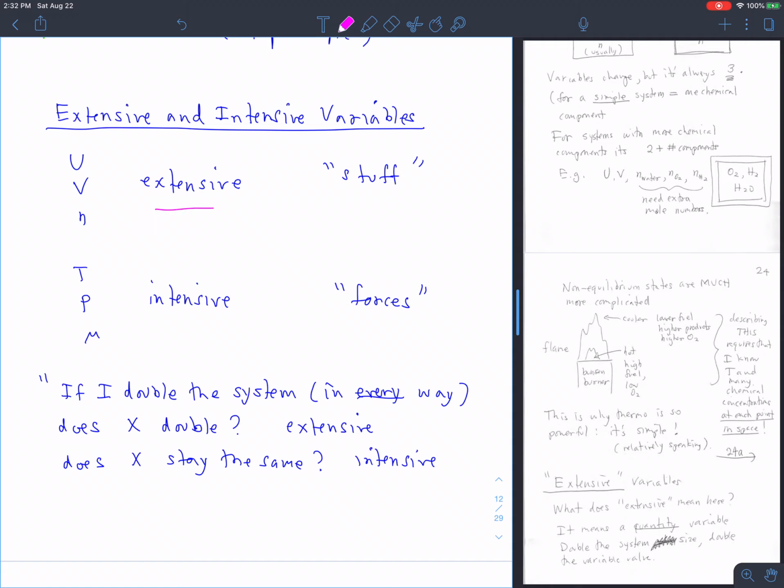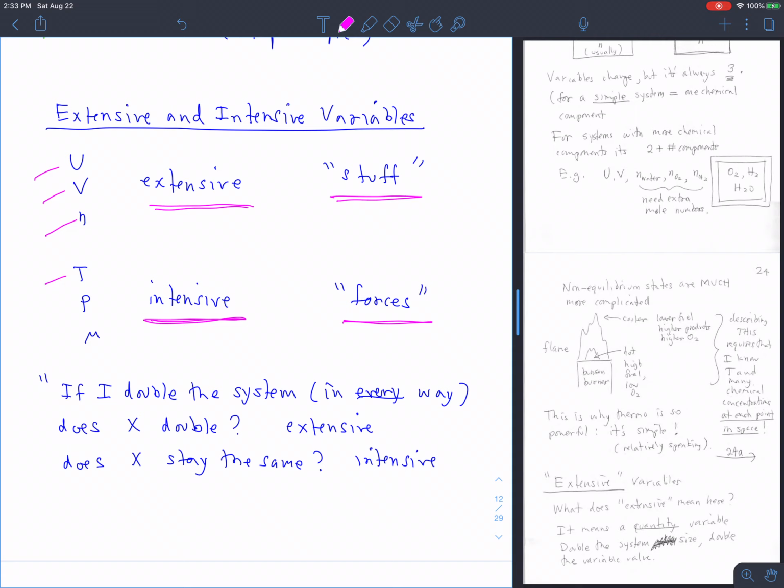An extensive variable is one that represents a quantity of stuff, either energy or volume or mole numbers. An intensive property is one that represents a force or a per mole quantity or some kind of ratio quantity. We'll talk a little bit more about that.